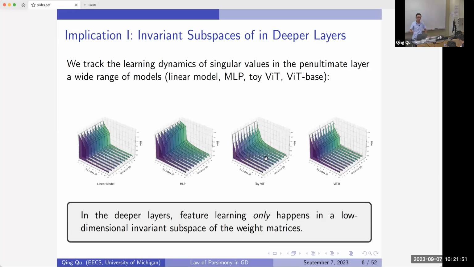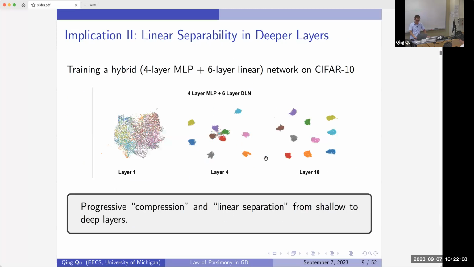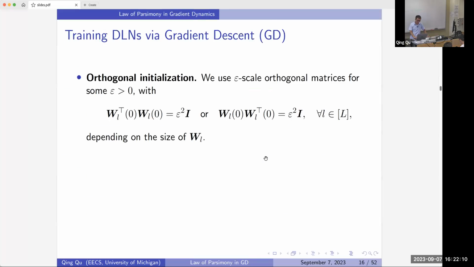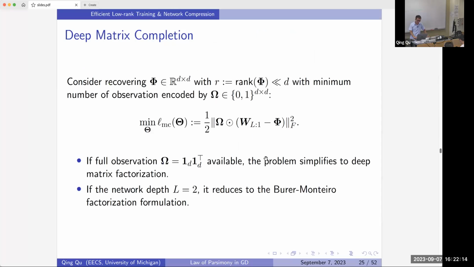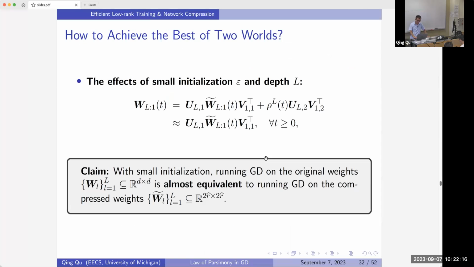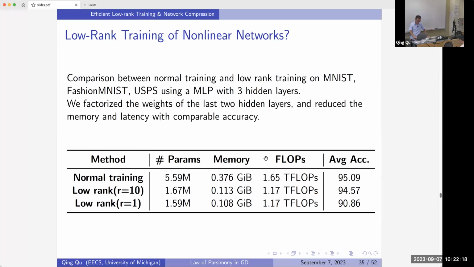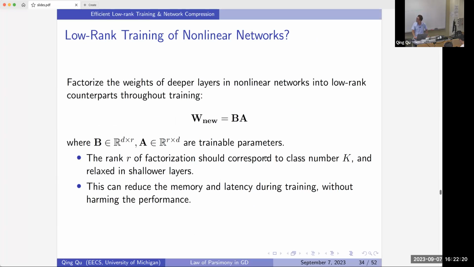So we think that maybe we can do low rank training in the last 2 or 3 layers of this kind of nonlinear network, because the data there is already linearly separable. There could be some strong low rank structures in the last several layers. We did some initial investigation on this, so the result is not very complete.